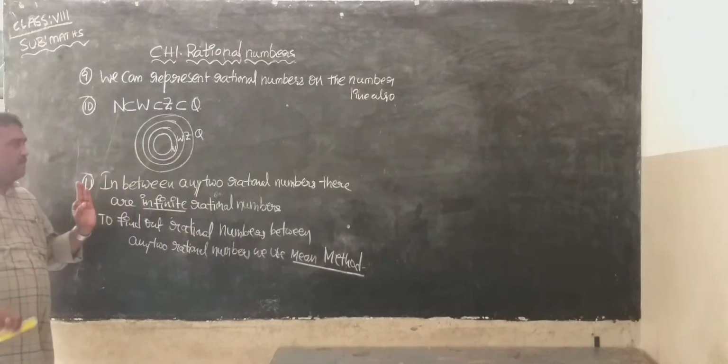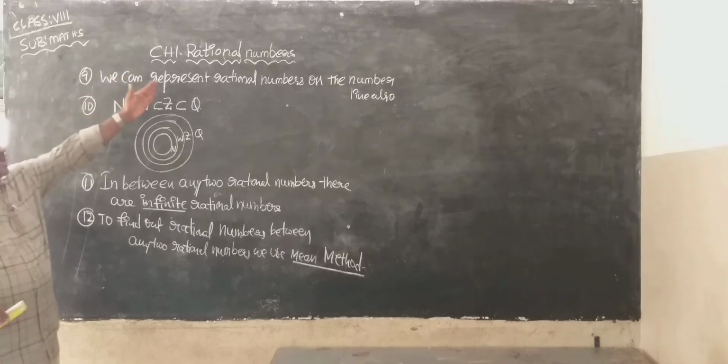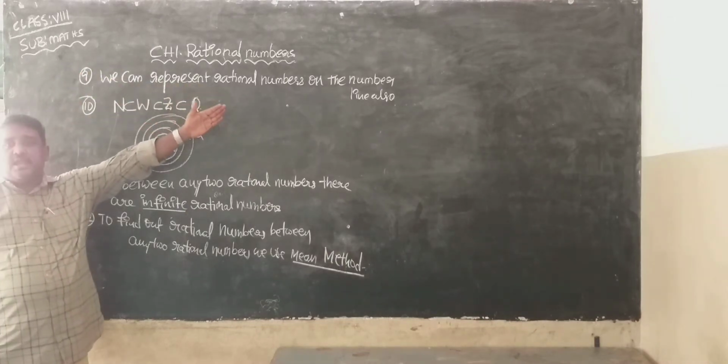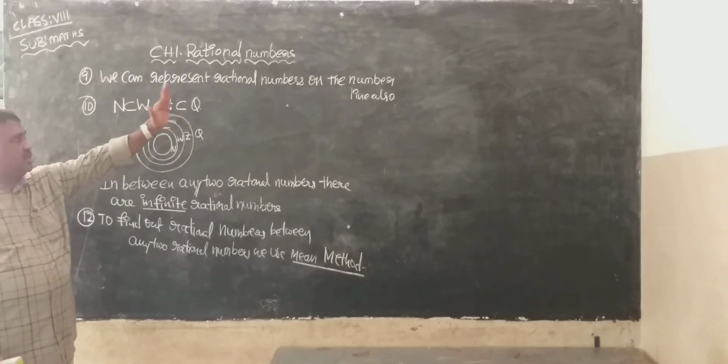This is very important. So we can represent rational numbers on the number line also. What is the relation between N, W, Z, Q?